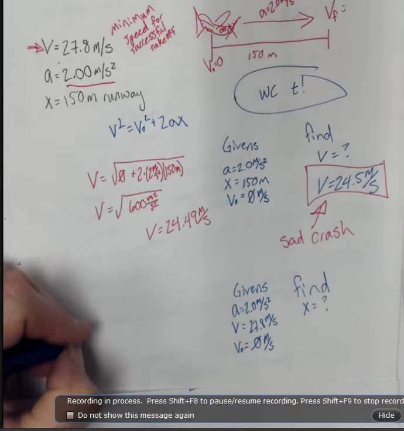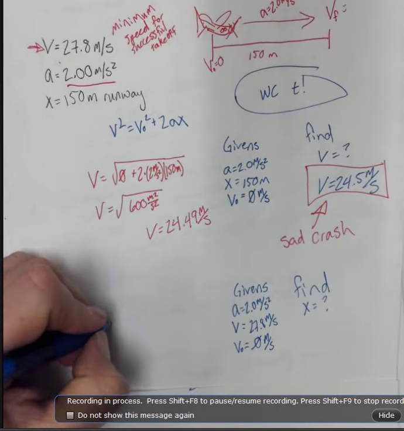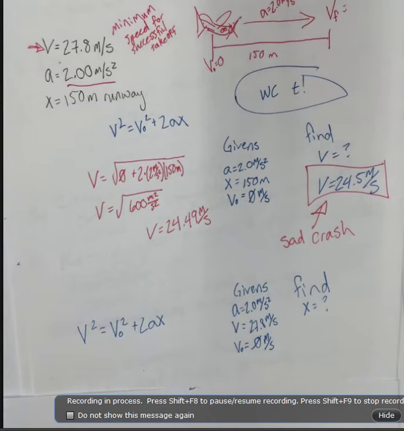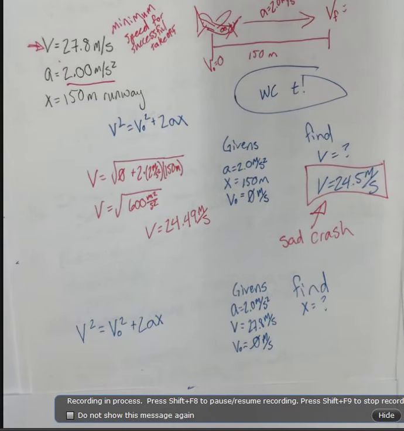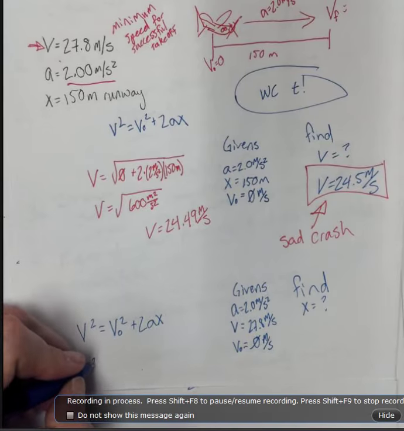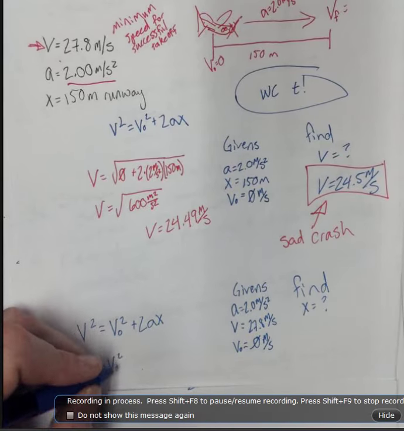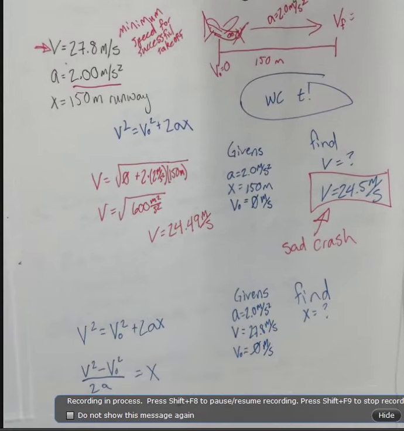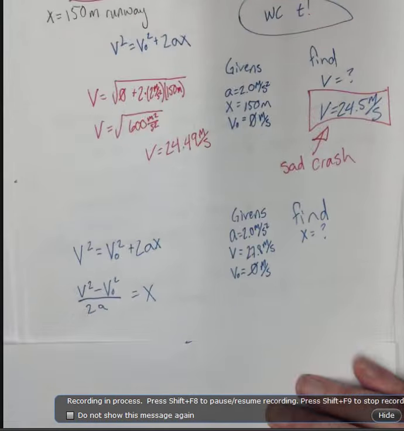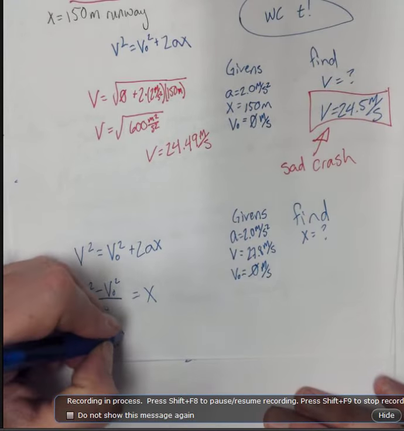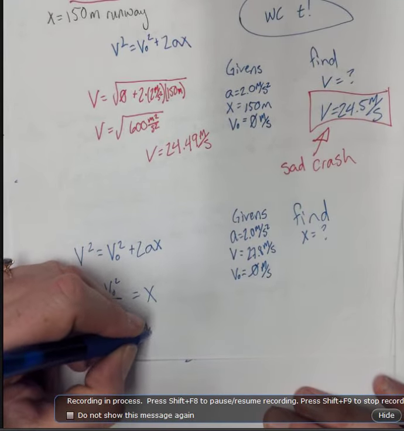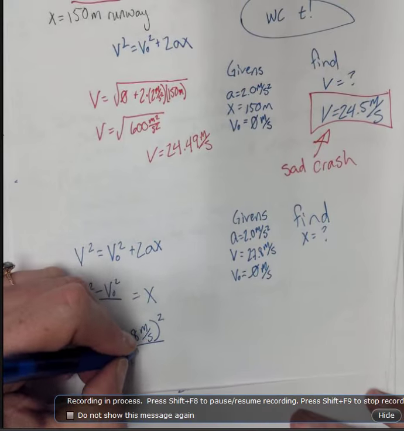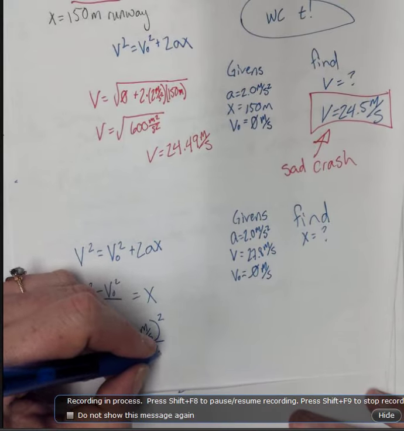So we have this equation, v squared equals v naught squared plus 2ax, and this time we're solving for position. I'm going to rearrange this equation to be v squared minus v naught squared over 2a equals x. Then I plug in my variables. So I get 27.8 meters per second, squared, all over 2 times 2.0 meters per second squared.